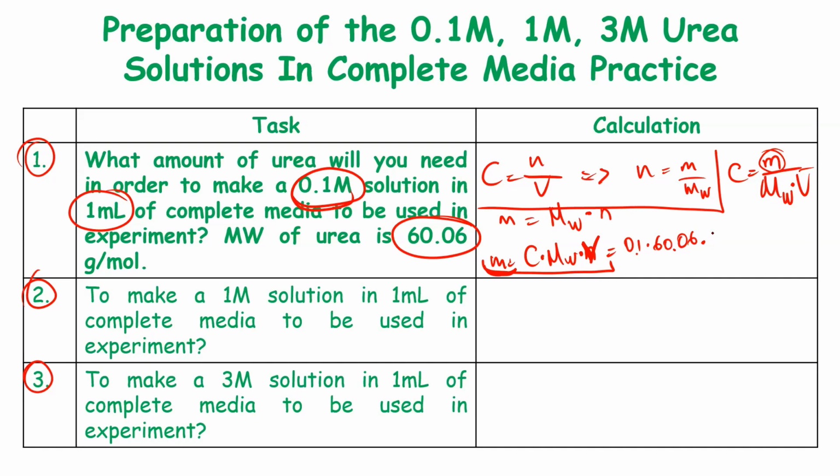It's not "if yes," you are telling me what to do. Right? Okay, so you convert it. 10 to the power of minus 3. Okay. And it will be 6.006 multiplied by 10 to the power of minus 3 grams.